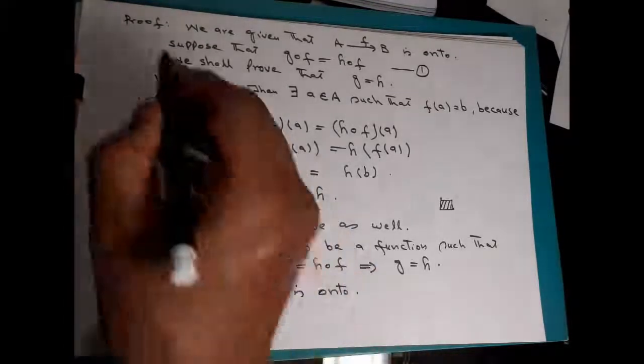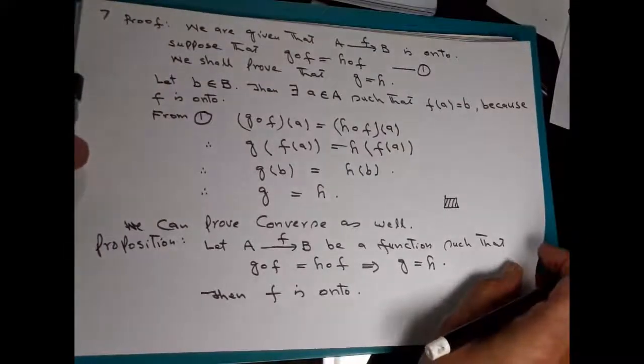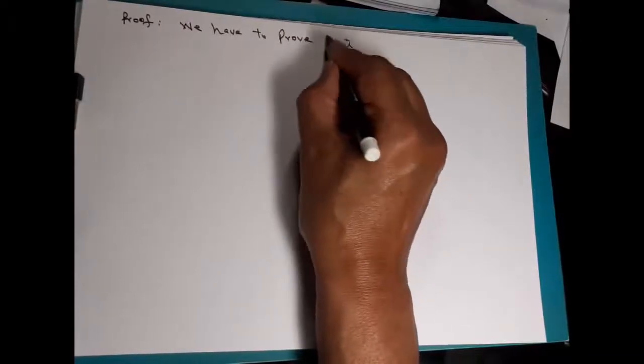So let's come to the proof. We have to prove that F is onto. We will prove it by contradiction.